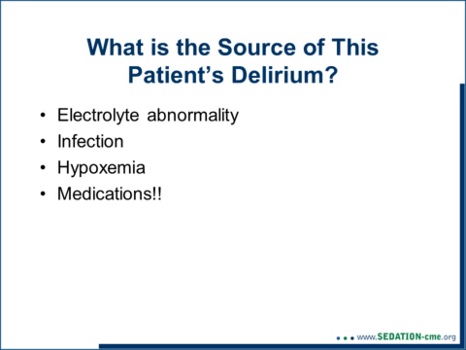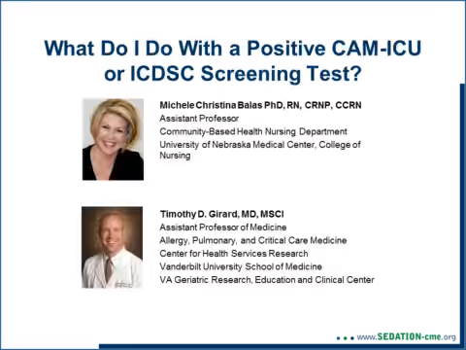I think that is a great approach. Unfortunately, it's common to feel somewhat helpless in terms of what can I do once I've found that a patient is delirious, whether using the CAM-ICU or the delirium screening checklist, both of which are recommended in the guidelines as tools to assess patients who are in the intensive care unit for delirium.